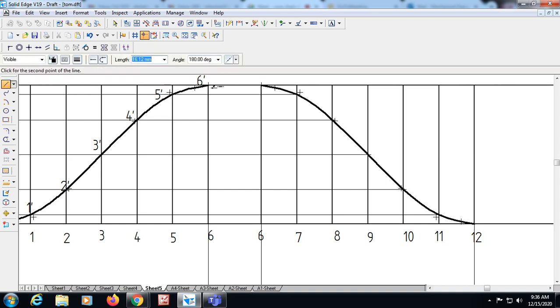This will also be dark. Okay, so in the same way you will be getting the 7 dash, then 8 dash, 9 dash, 10 dash, then 11 dash. Sorry, numbering, I think this will be 6, no? Yes.